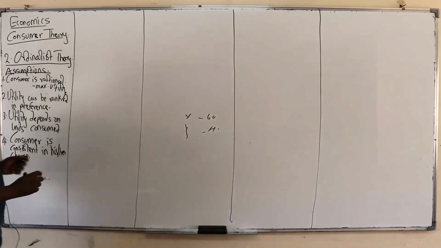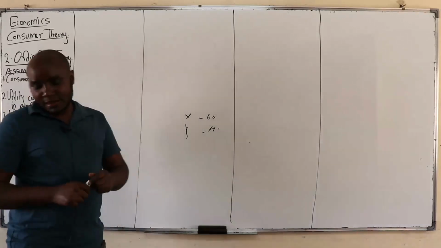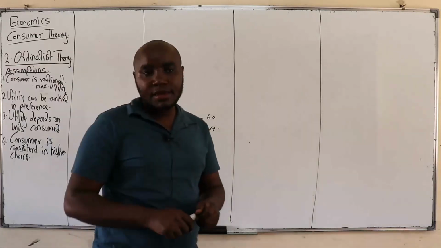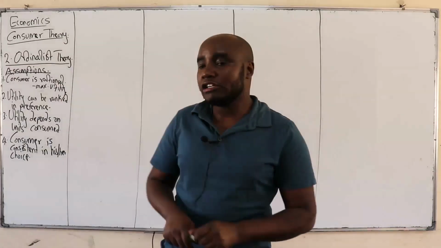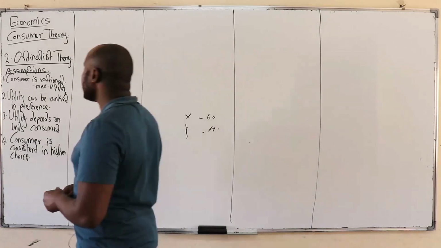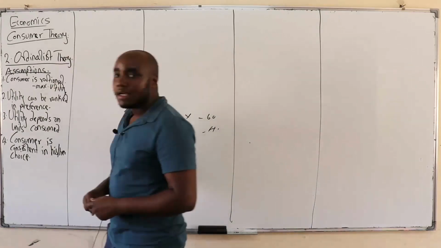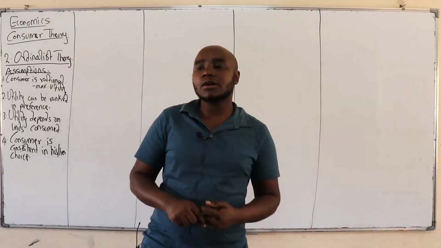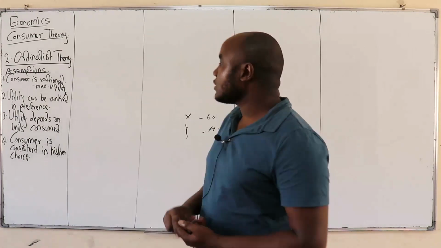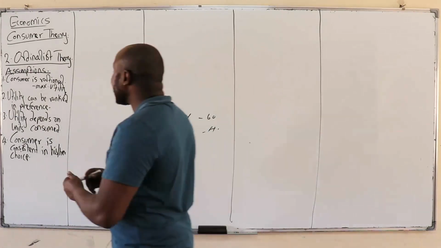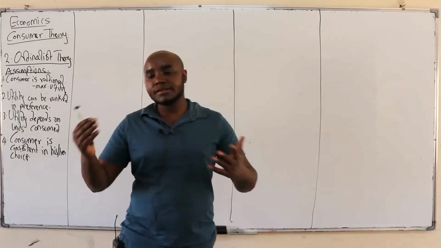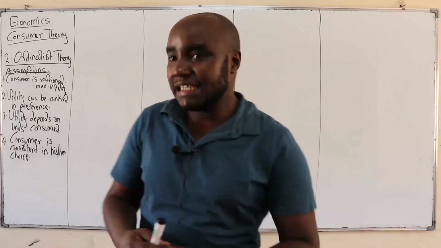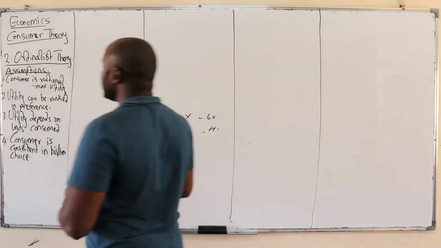And these are the assumptions that arise when you're talking about the ordinalist theory. Number one, the consumer is rational. When you're talking about the consumer being rational, what you're talking about is that the consumer aims at maximizing his or her utility. Number two, utility can be ranked in preferences.